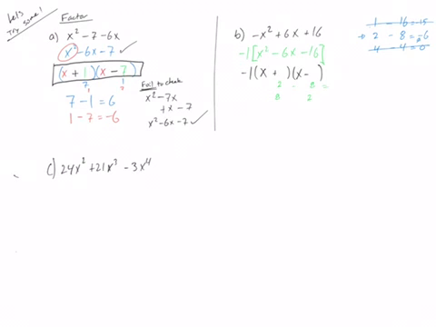That is going to give me negative 6. Or if I say 8 minus 2, it's going to give me positive 6. And I'm going to want the negative 6, so I'm going to pick that top option. So this is going to be 2 here and 8 here.